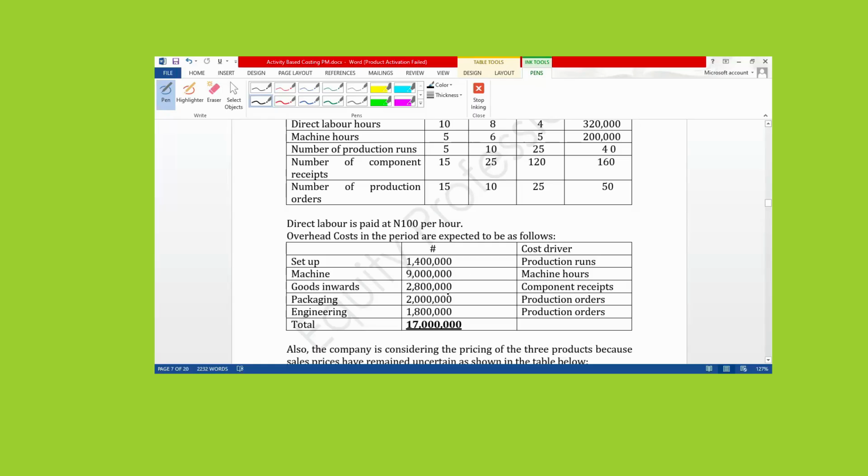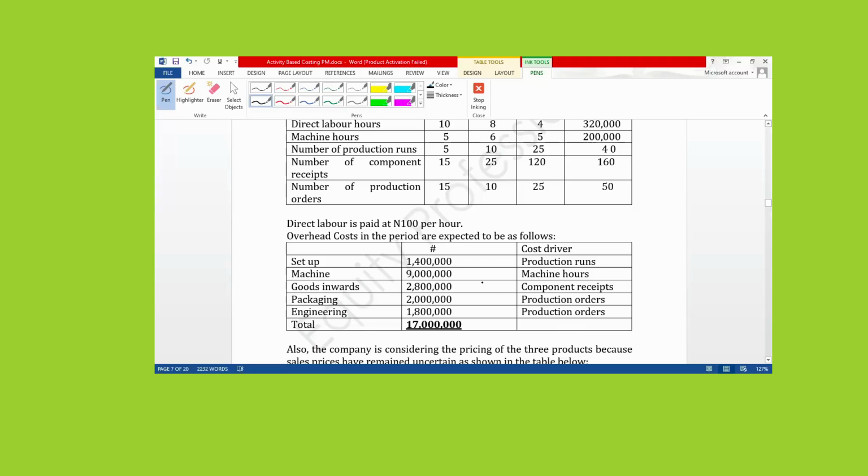Goods inward, 2.8 million. Packaging, 2 million. Engineering, 1.8 million. Step 3: identify the factor that contributes to the cost of each activity. That is the cost driver.